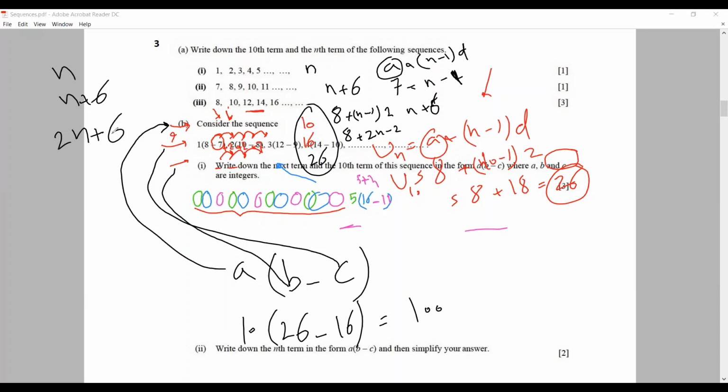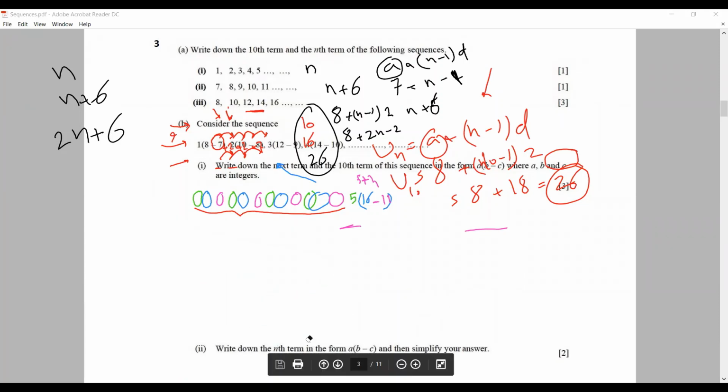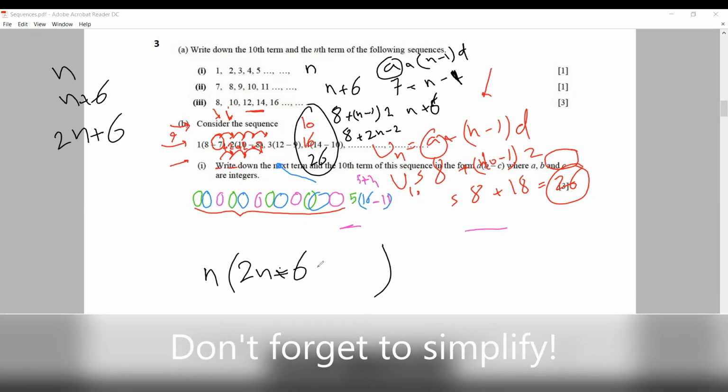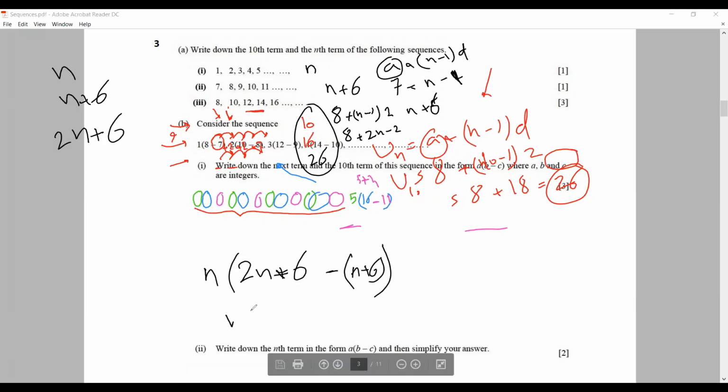Now I have to replace them for a, b, and c. a is n outside, b is 2n plus 6, and minus c is n plus 6. And you get n times 2n minus n, that is n, and 6 minus 6, that would be 0.